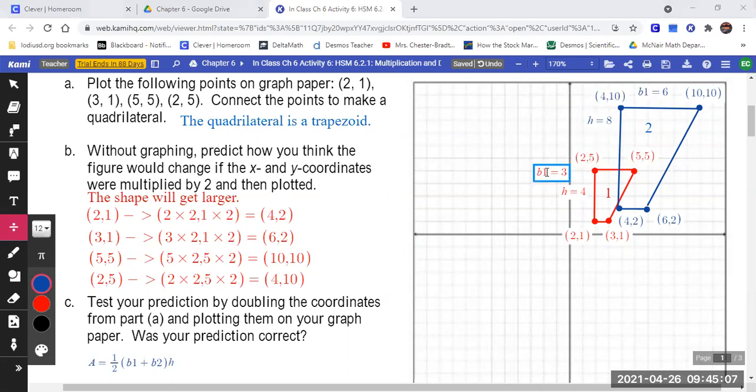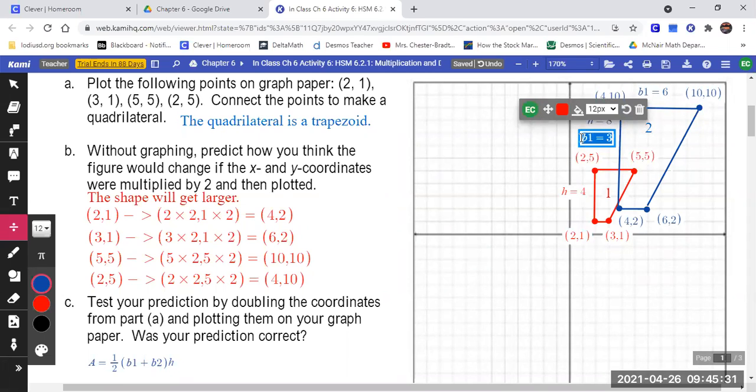Okay, so we need to count base 2. We do not care about the slanted line because there's not a space in the formula for it. There's a space for base 1, there's a space for base 2, and there's a space for height. And height is always straight up and down. So that's always the one we worry about for trapezoids. So we need base 2.